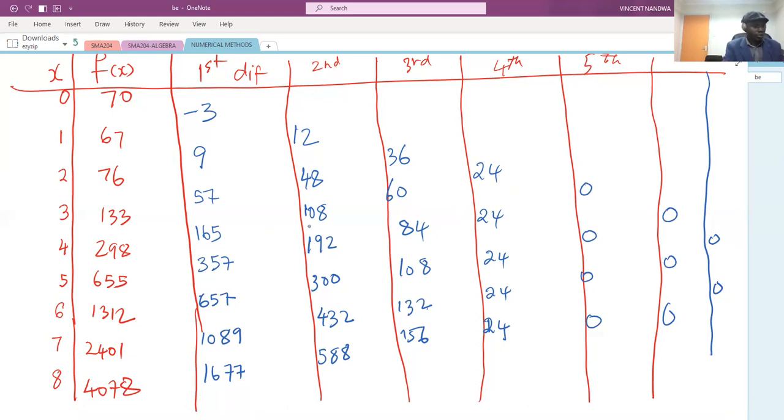Now, next, question number 2. Once we have known how to draw a difference table, we can use it to answer some problems.